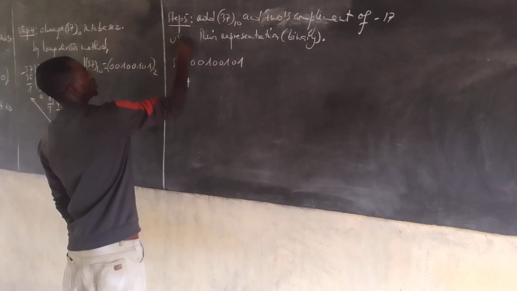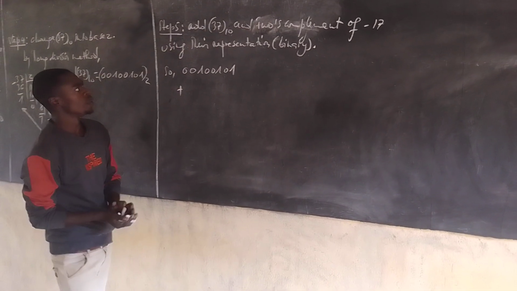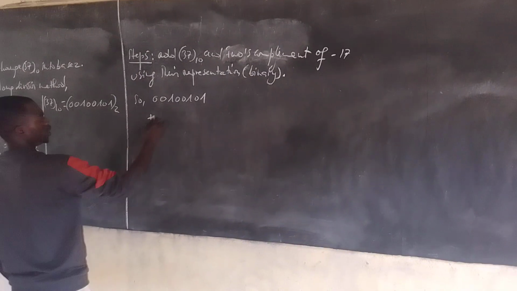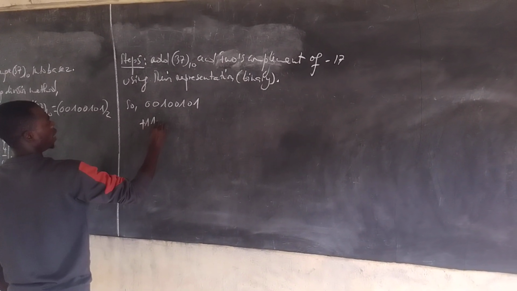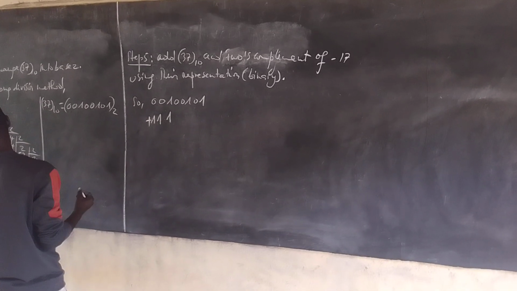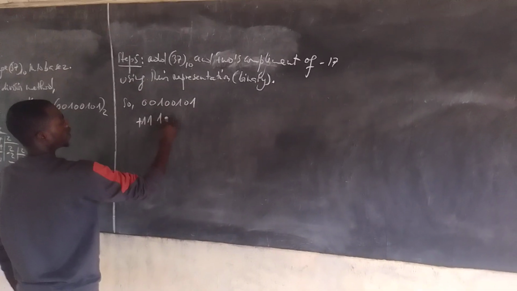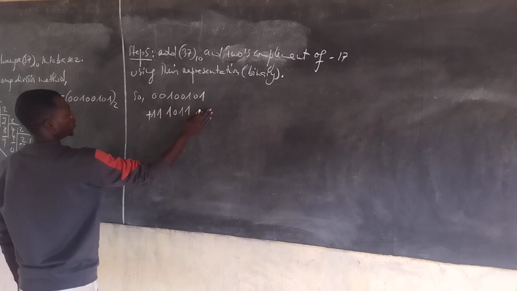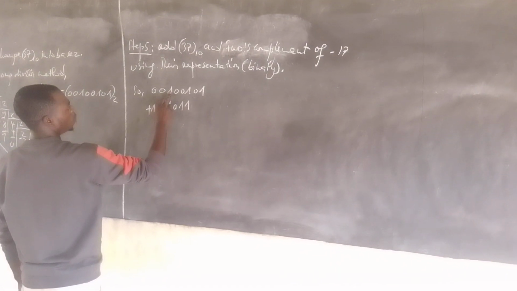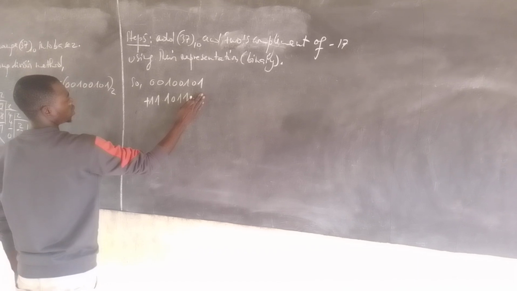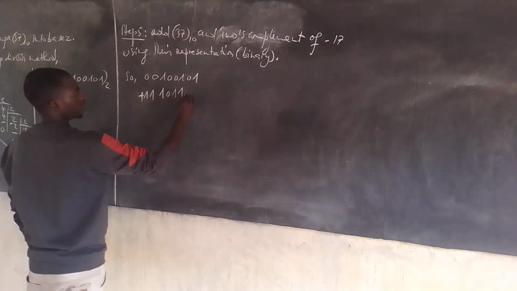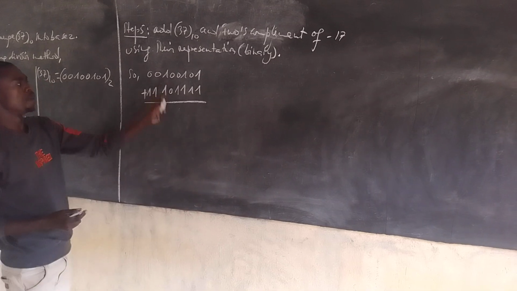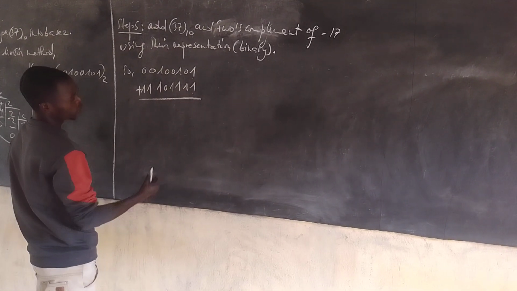Now we have to take that one: 1, 1, 1, 0, 1, 1, 1, 1. So now remember, we are adding binary. 1 plus 1, we get 2.